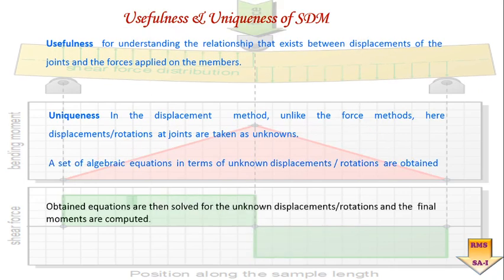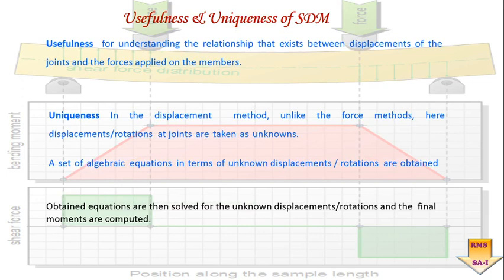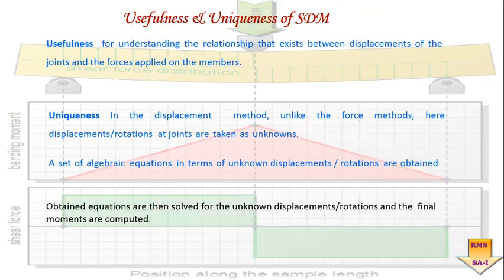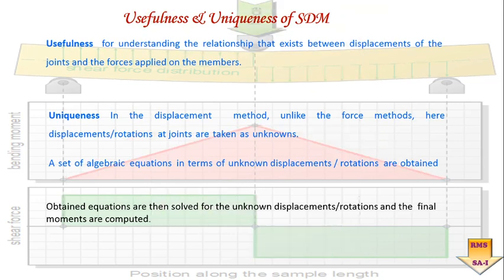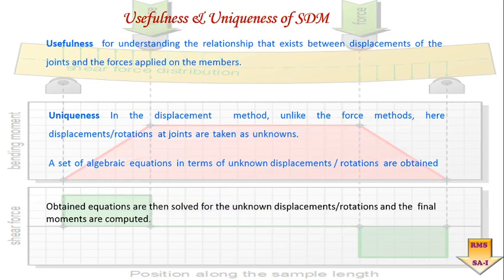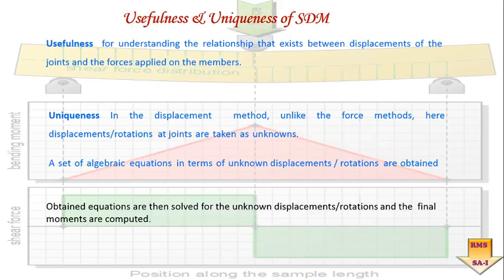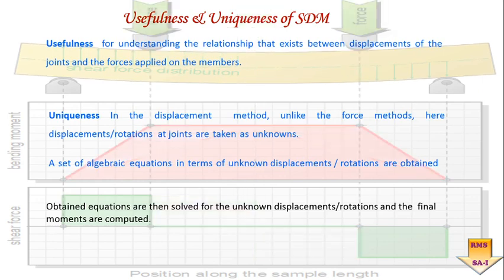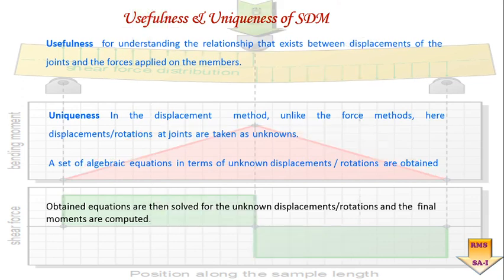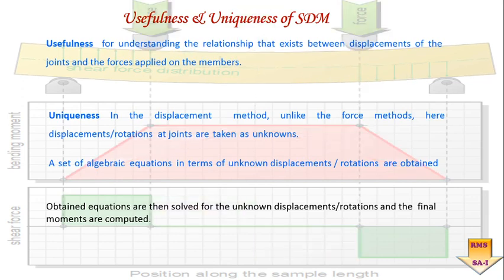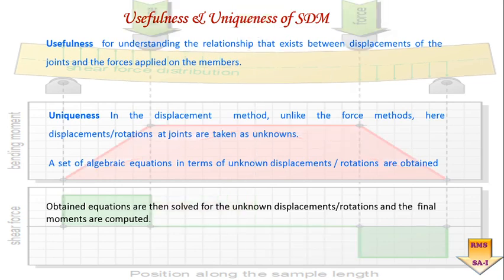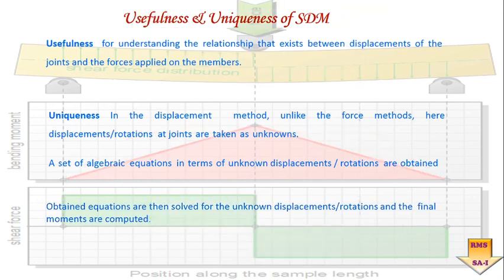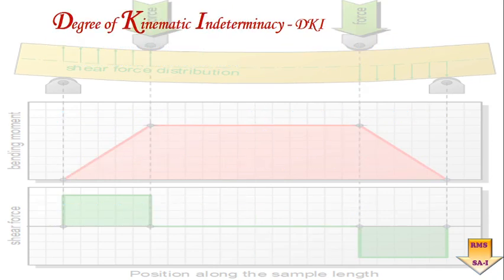After finding the set of algebraic equations and the displacements, the final step is to find the final moment. So in three steps only, we are able to understand the behavior of the total beam or that particular structure. So this was the usefulness and the uniqueness of this particular method.